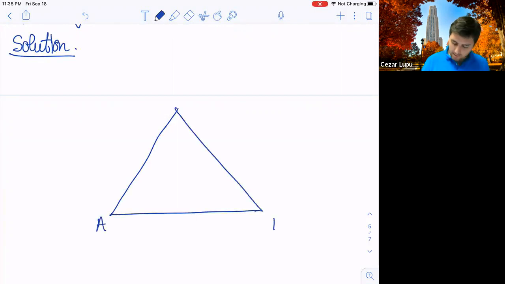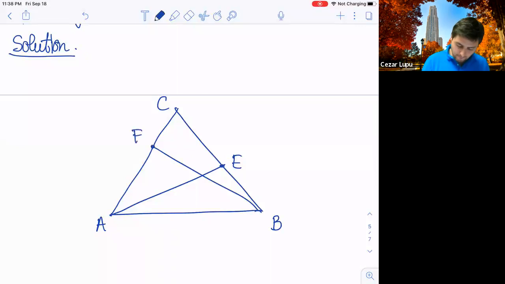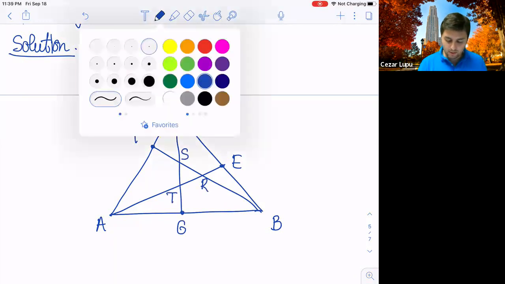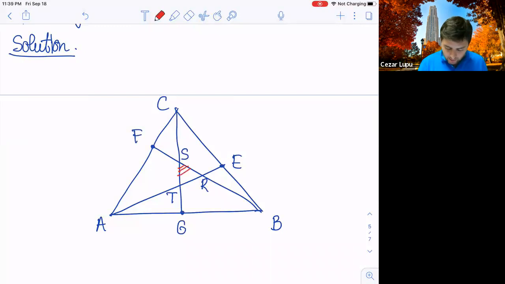This will be AE. This will be BF. And CG. And here we'll have R, here we'll have S, and here we'll have T again. So I'm interested in finding the area of this triangle here. You see, it's basically the same picture.